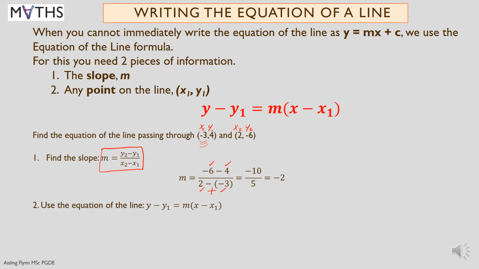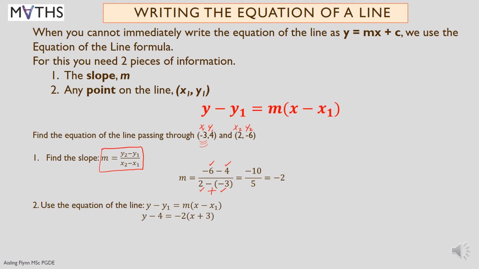The second piece of information is to have a point, which we do. We have 2 of them, and we can choose either, whichever one we like. We'll use the first one, and we're going to use our new formula, the equation of the line formula, y minus y1 equals m times x minus x1, and let's substitute the correct values into that.